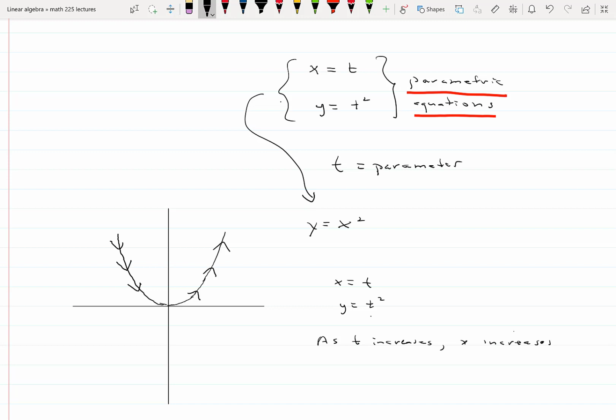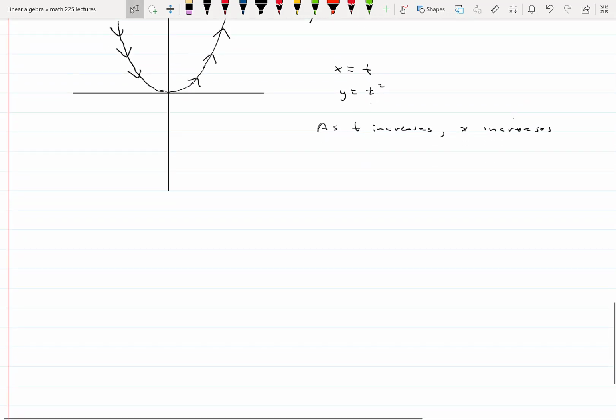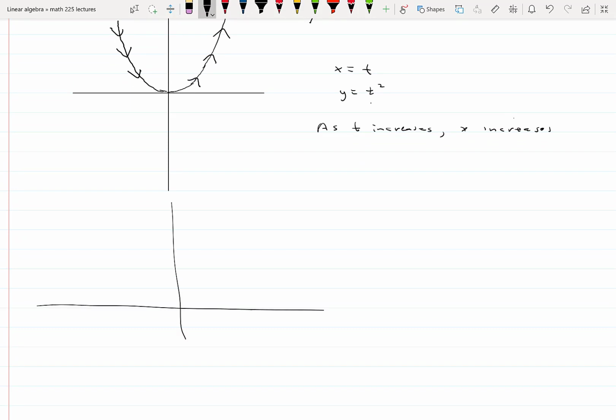In any case, we can consider the curve as being the result of plotting a whole bunch of position vectors, r of t. Here's the negative part. R of t, which is composed of a horizontal component t and a vertical component t squared.